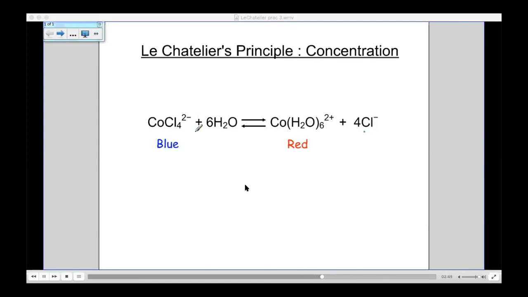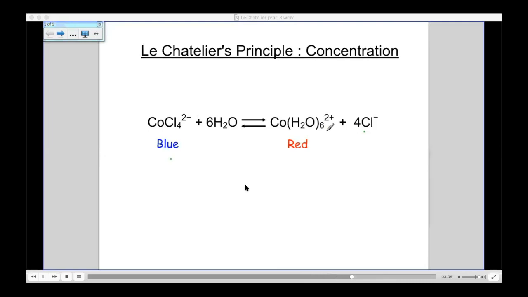So the system must reduce the H2O in the solution, and in order to do that, the H2O will react with the CoCl4 2- ions to favor the forward reaction, and as a result, Co(H2O)6 2+ ions are formed, and 4 Cl- are formed.